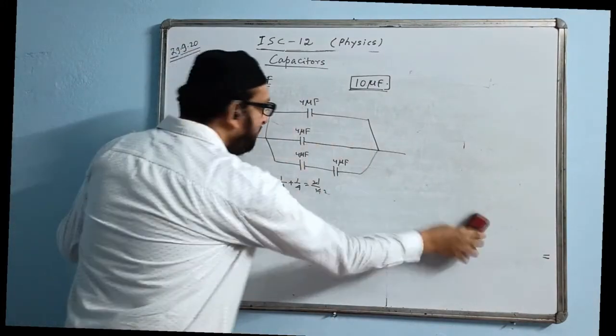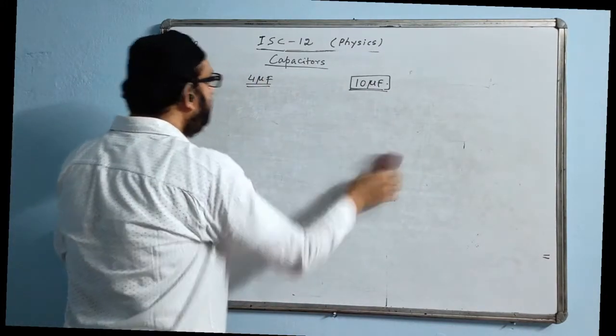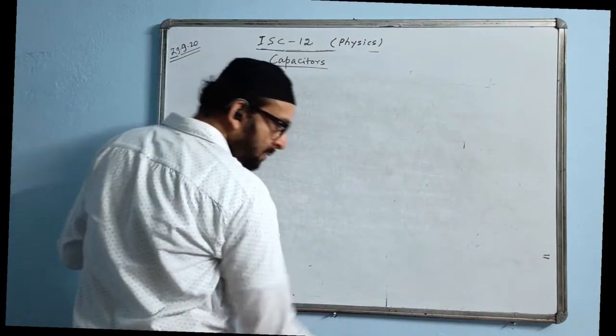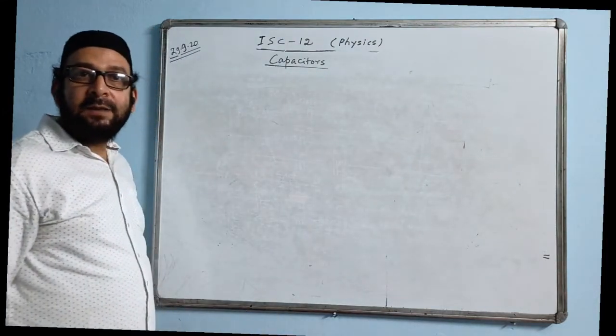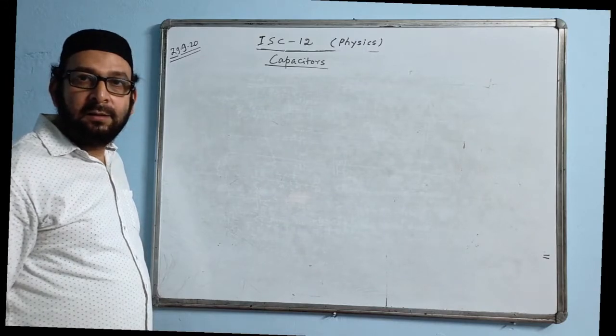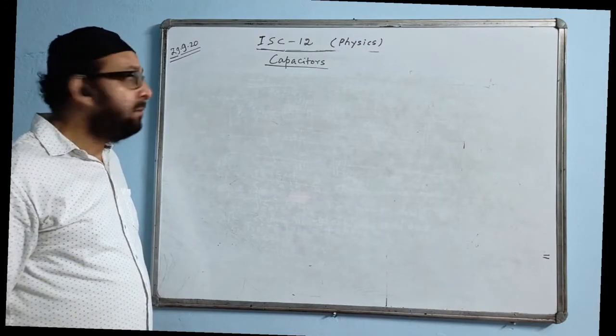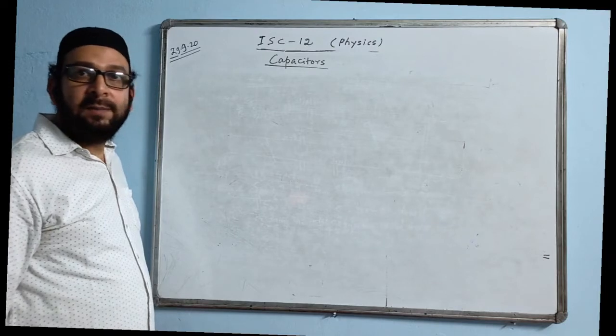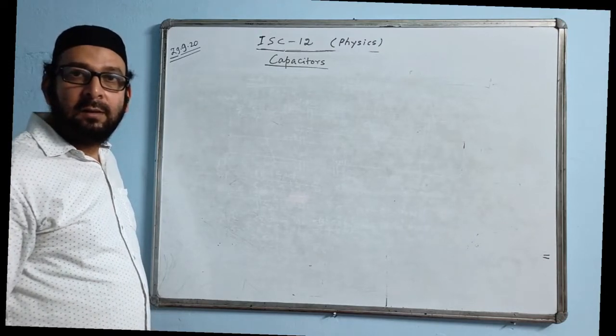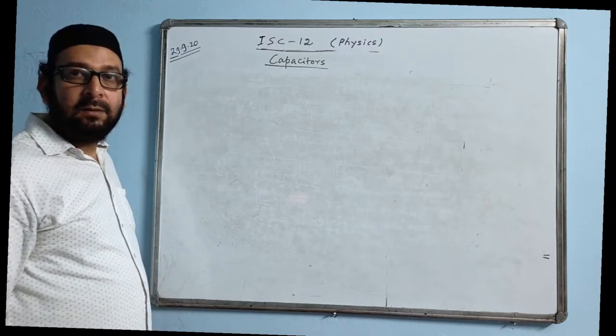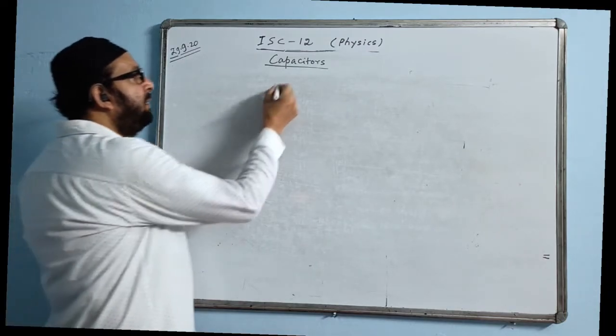Now the question says: the capacitance of an air parallel plate capacitor is 10 microfarad.